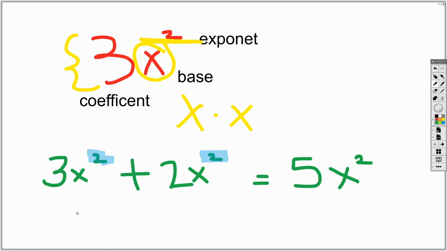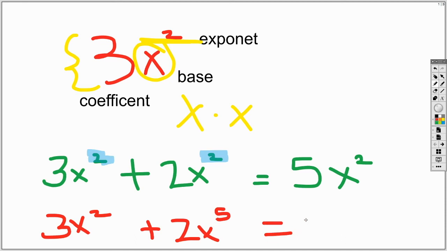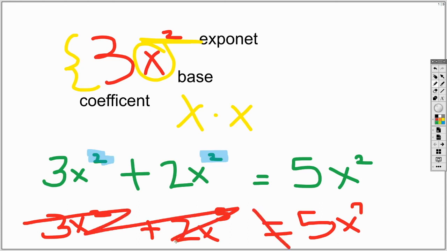However, this is a real big no-no. Suppose this was 3x squared and then this was 2x to the power 5, then I could not just be like, oh, this is 5x to the power 7. No, I can simply not do that. This is nonsense.